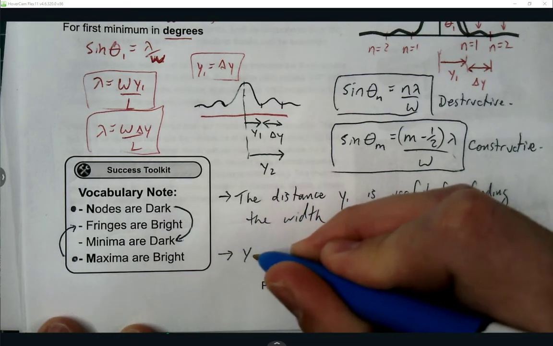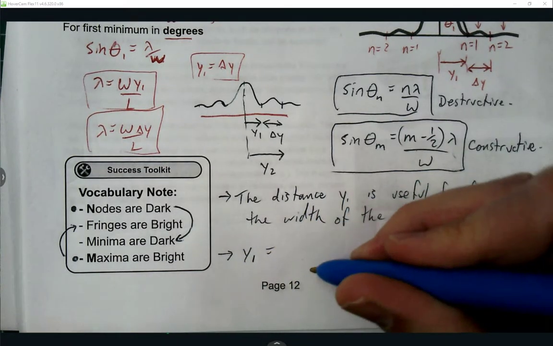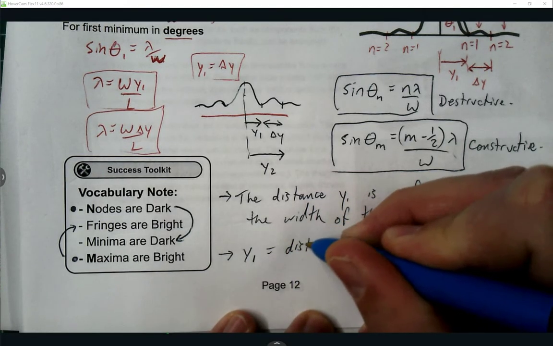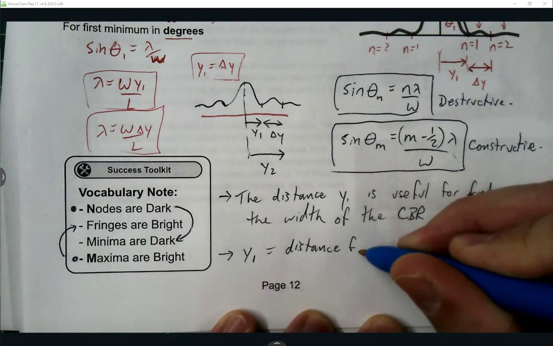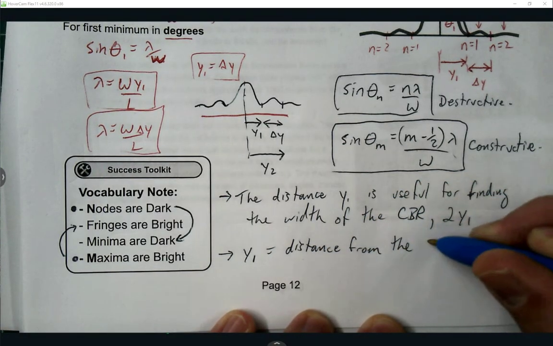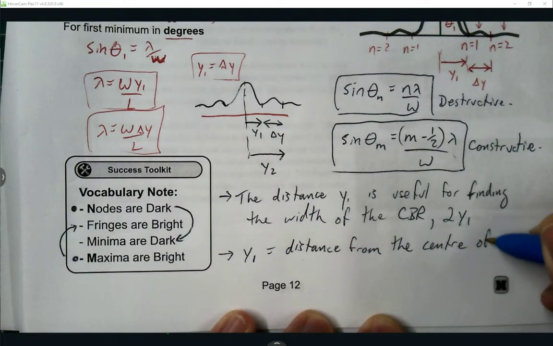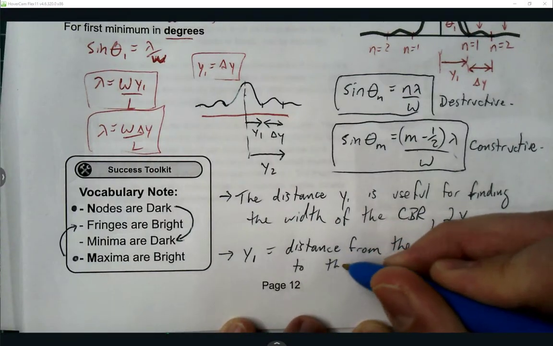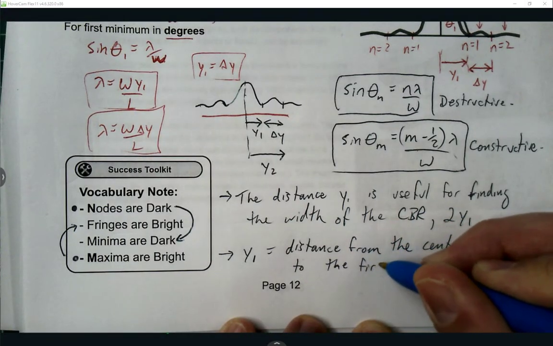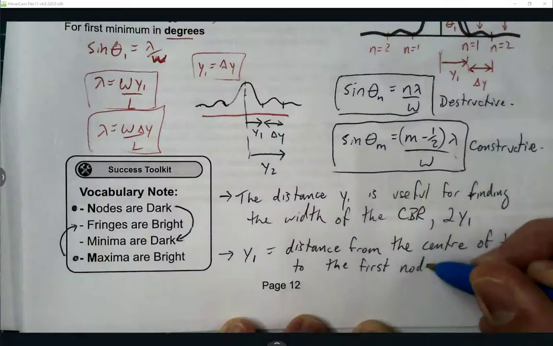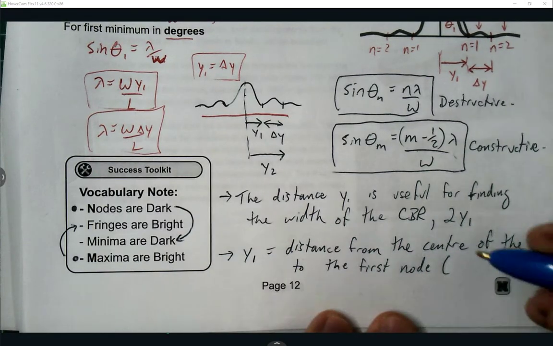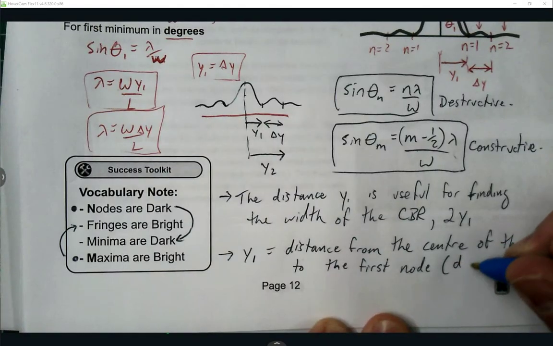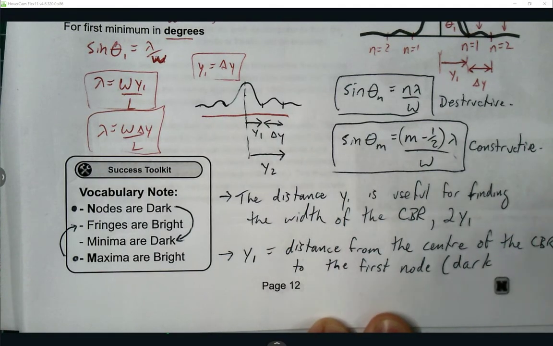And to make sure there's no doubt about it, y1 is the distance from the center of the CBR to the first node. And I'll put in brackets just so that we're doing proper word association here. The first node, or dark spot.